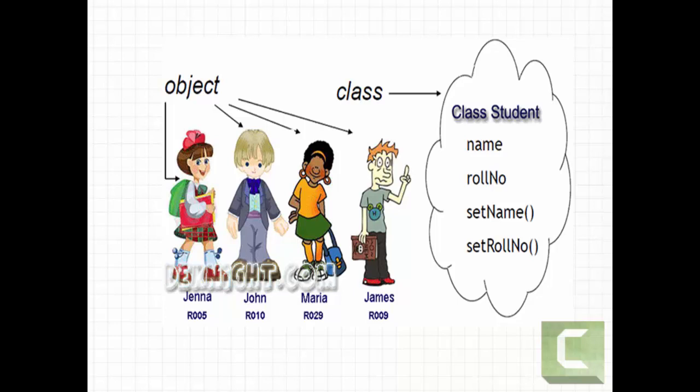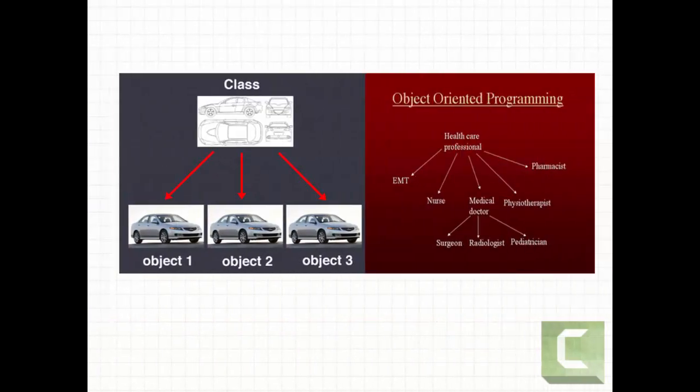So if you see the objects here, Gina, John, Maria, James, these are names, and these are their roll numbers. So every object is an instance of a class, and class is the pictorial way of presenting the object.